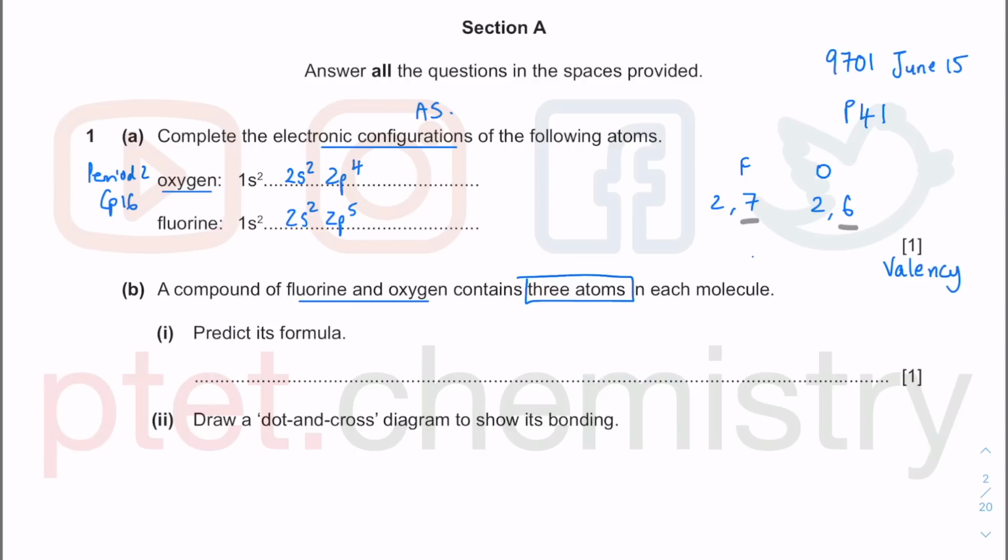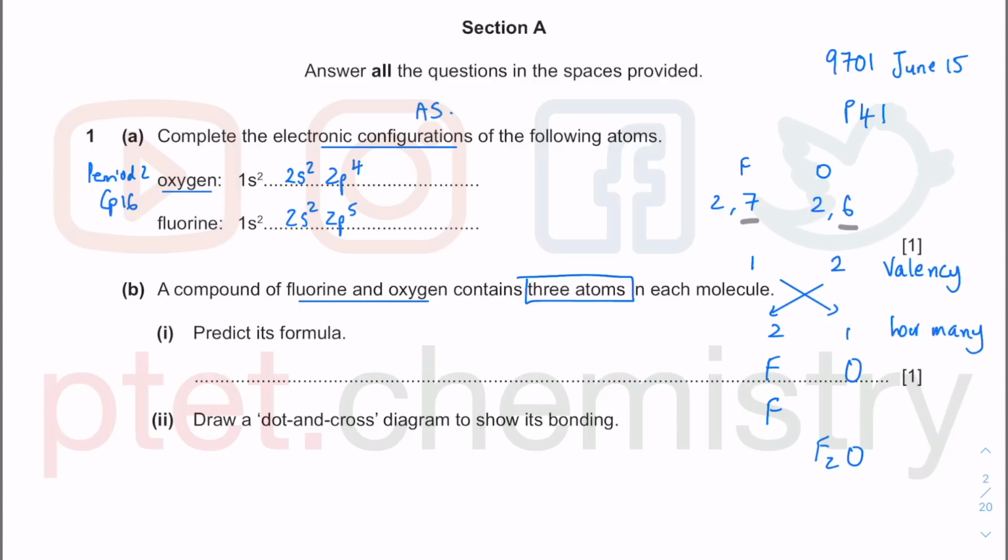So we're looking at a valency of 1 and a valency of 2, because these are how many electrons each of them needs to share to complete the outer shell. And then you do the crisscrossing, which is basically the lowest common multiple of the valencies, LCM, primary school mathematics. You need 2 of the fluorines and 1 of the oxygens, such that your formula is going to be F2O.